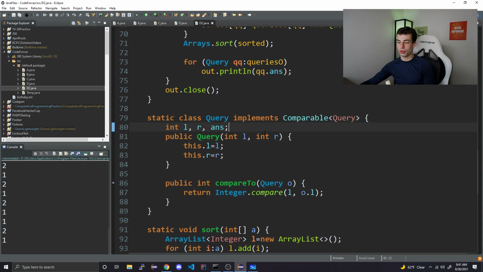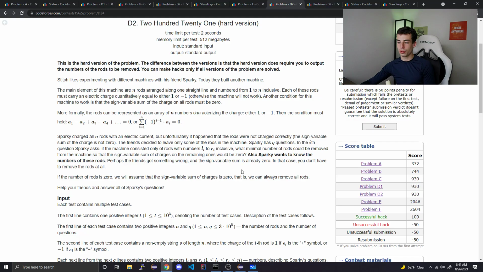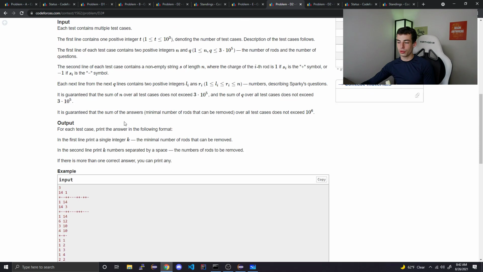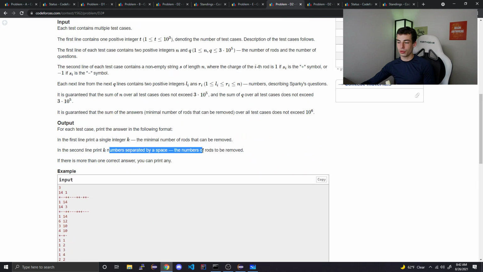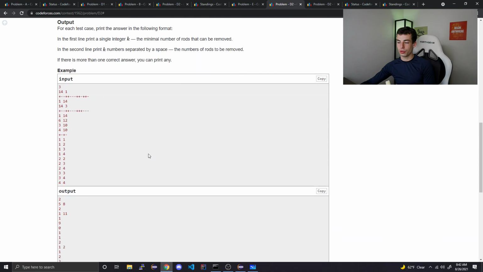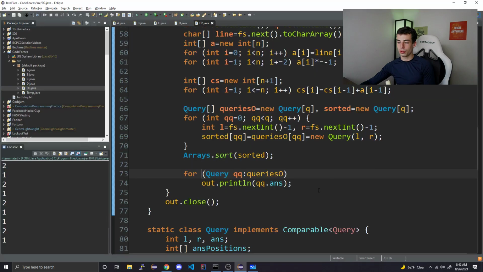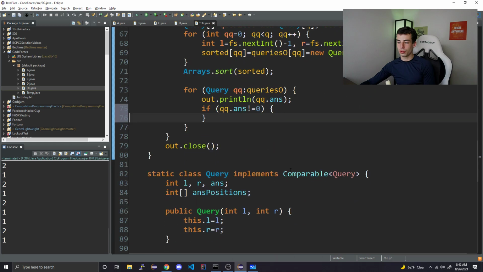Oh, and then we need the answer positions. Print this if qq.ans is not equal to 0.